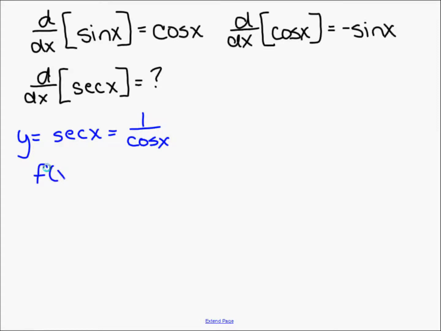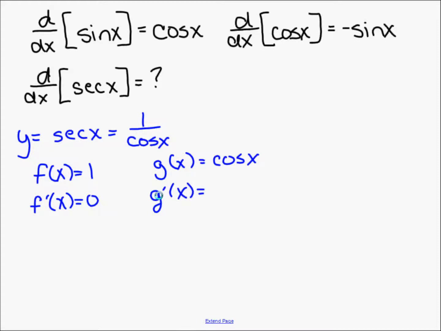So f of x equals 1, which means f prime of x equals 0. G of x equals cosine x, and g prime of x equals negative sine x. Now I'm going to use my mnemonic to write the derivative.